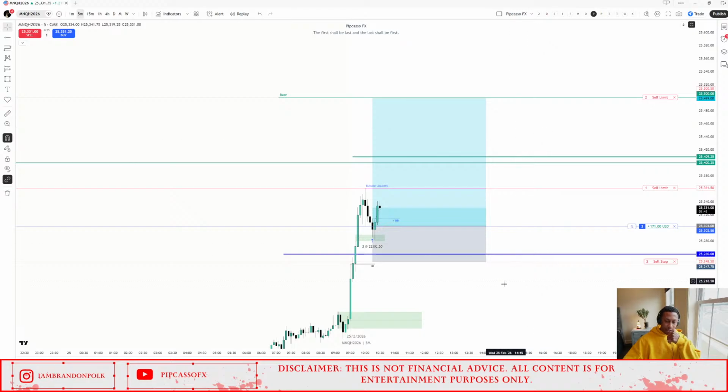It is 10:30. So I don't really like that in terms of the time element. This is trading inside a 5-minute gap.